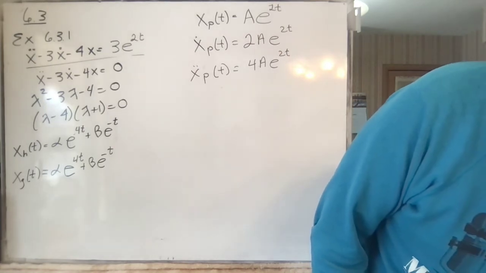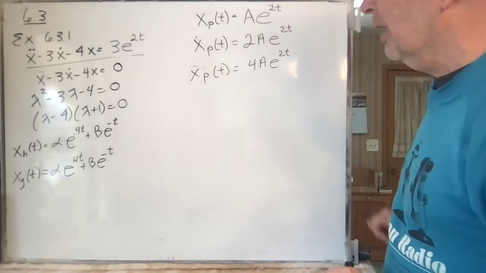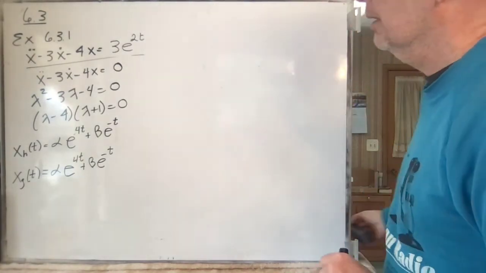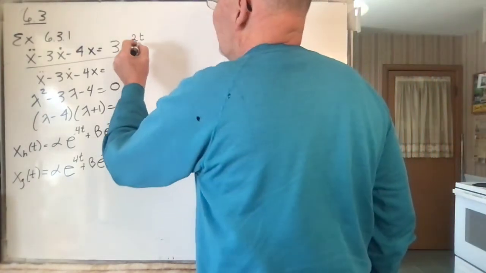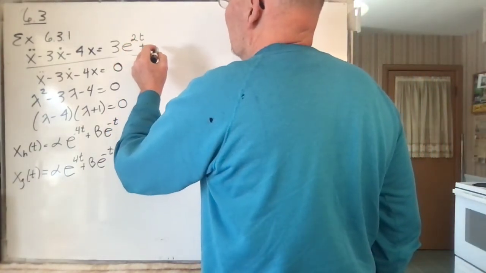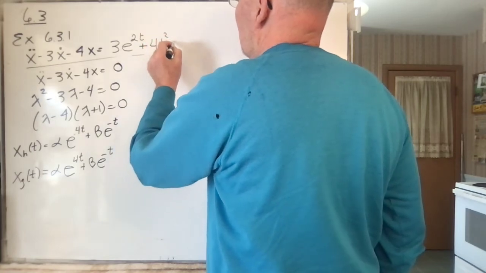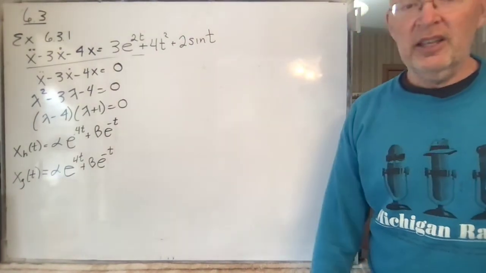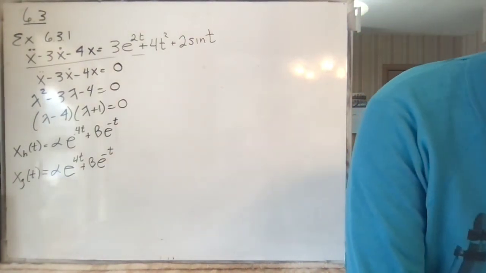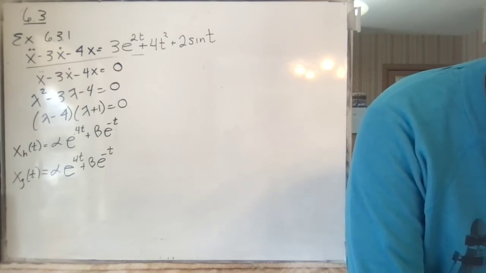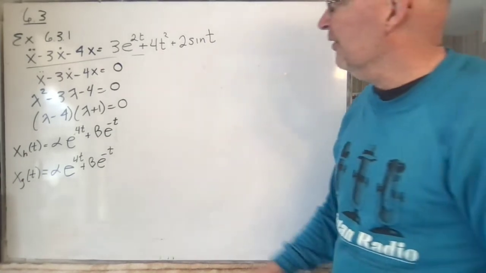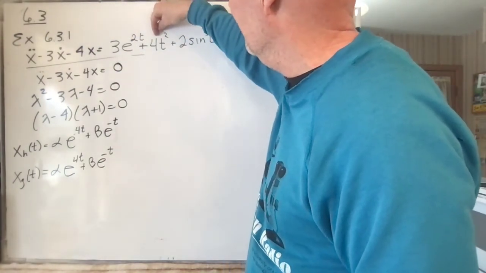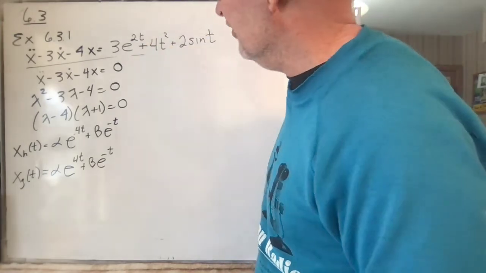Okay? So then I ask, what's the general answer to this? And the nice thing is, and this comes from theorem 6.2.4, that all we have to do is take the particular solution for this one, the particular solution for this one, and the particular solution for that one, and you just add them all together.